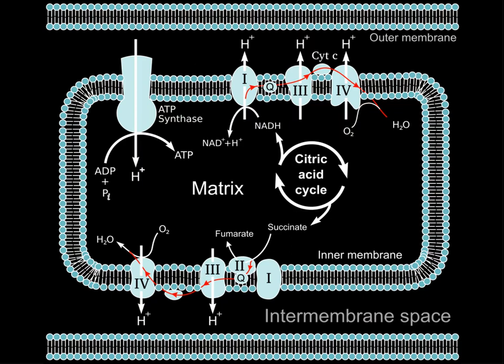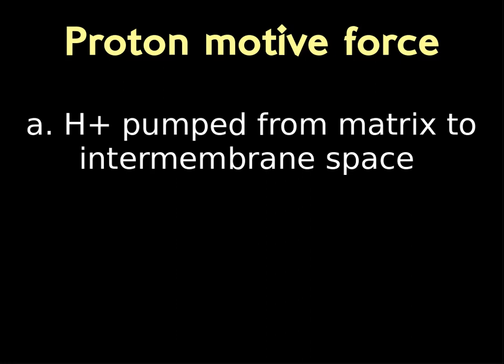What other questions do you have on that? Okay, so now we have pumped a bunch of protons into the intermembrane space, and we've pumped them out of the matrix. We have this thing that we can now use, and this is known as the proton motive force.